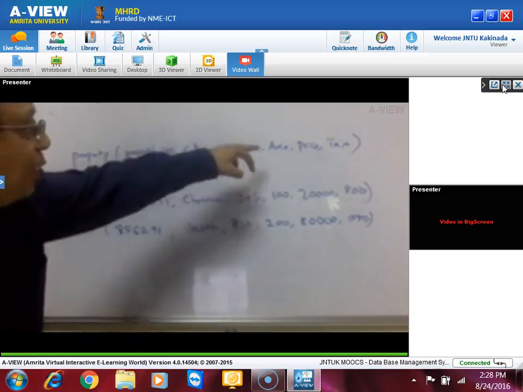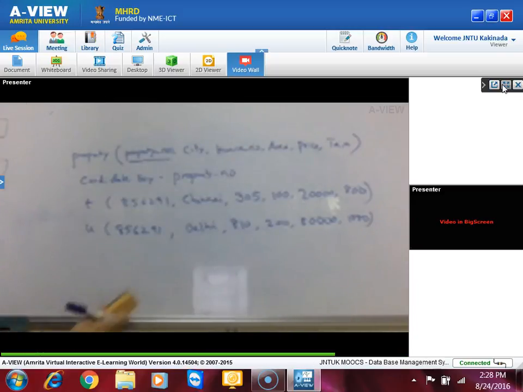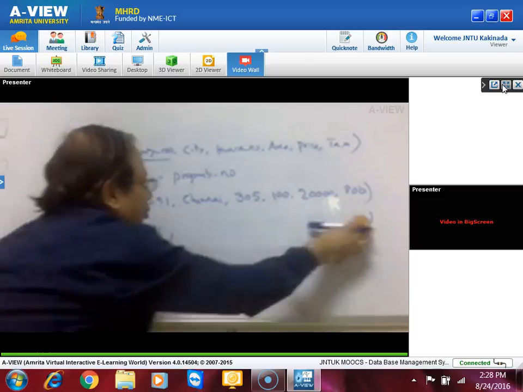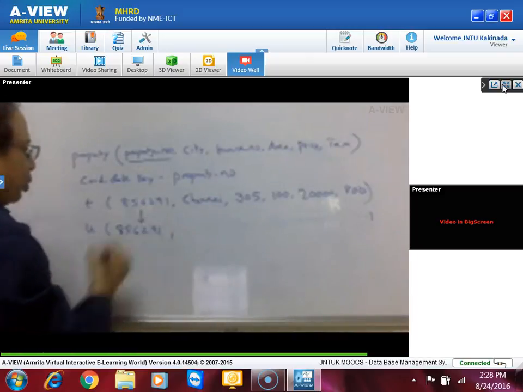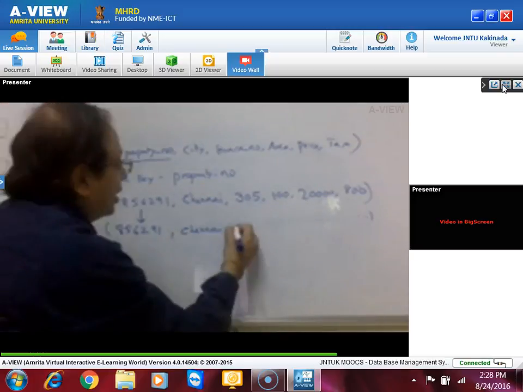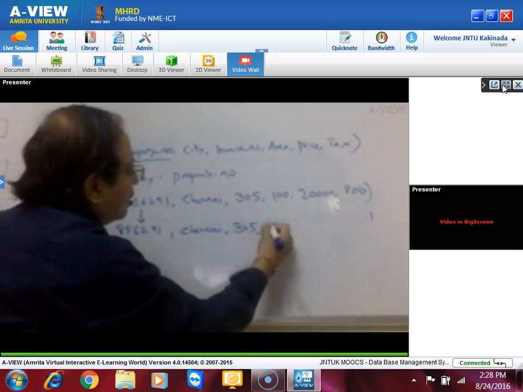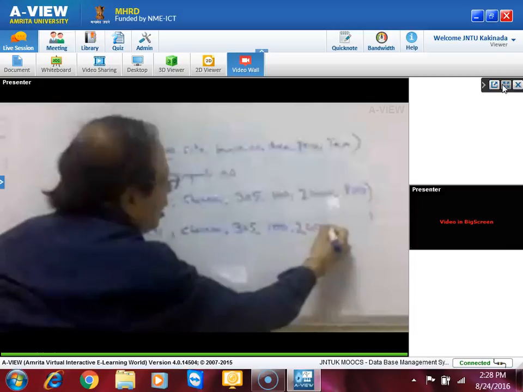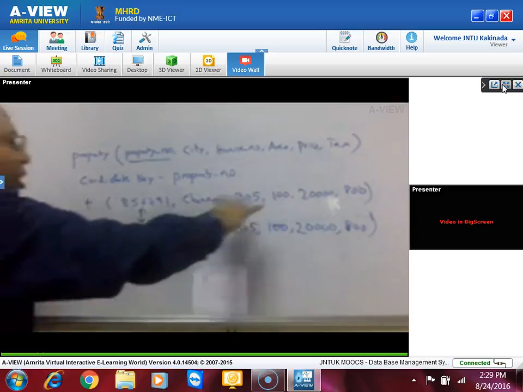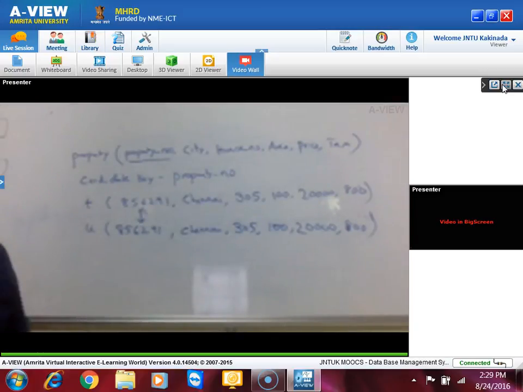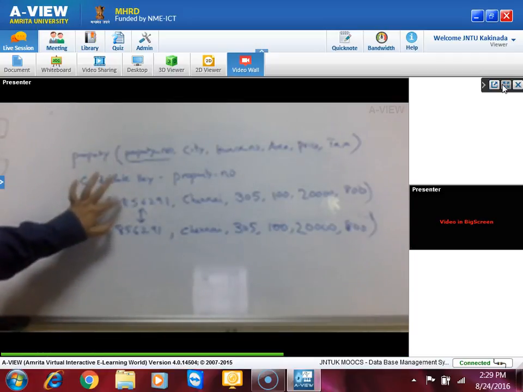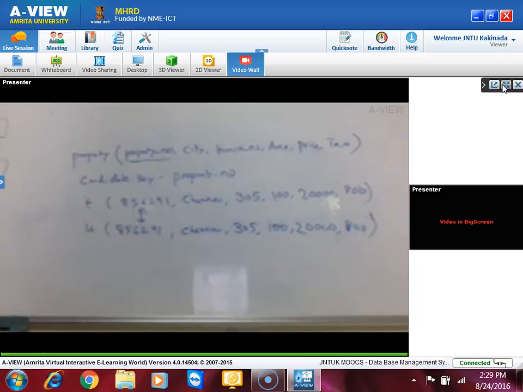They have to agree on all other attributes. If they agree on this attribute, they have to agree on the attribute city. They have to agree on the attribute house number. Once they agree on the property number, all other values of all other attributes have to be the same. We know this from the domain.